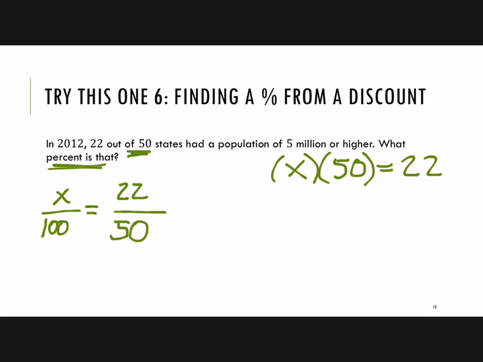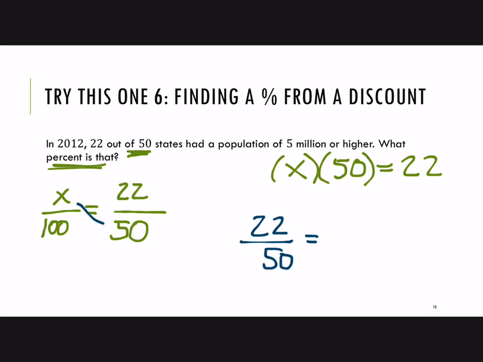If you like the arithmetic method, then you may realize that to find a percent, if you have the portion and the total, then you could just do 22 divided by 50 and then just convert to a percent. Alright, so we'll try all three of these methods.